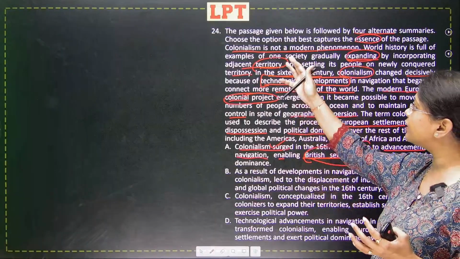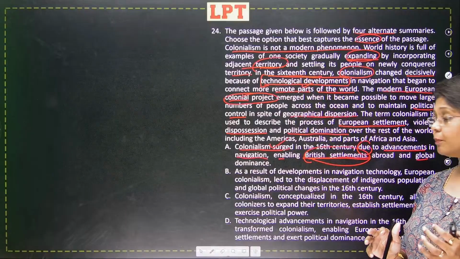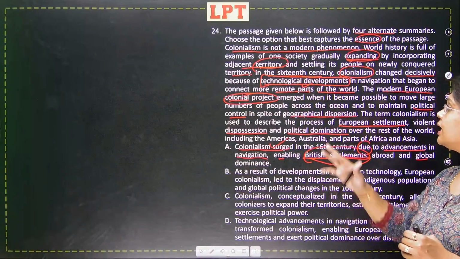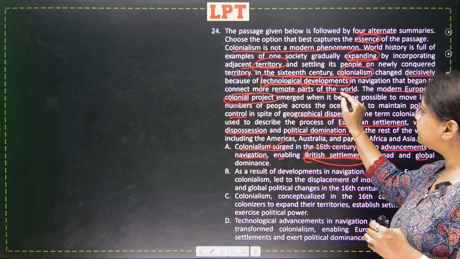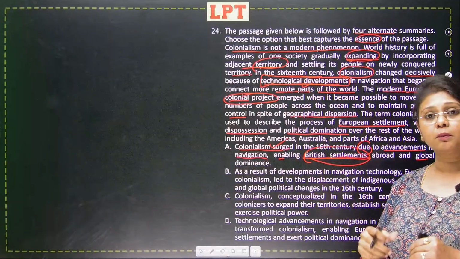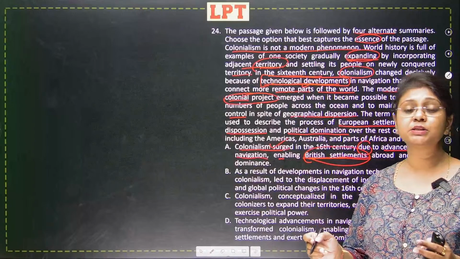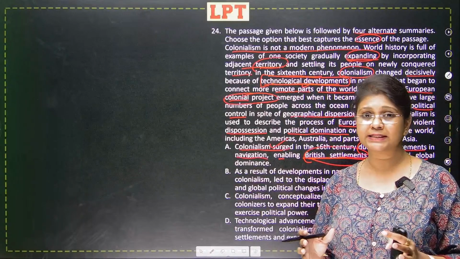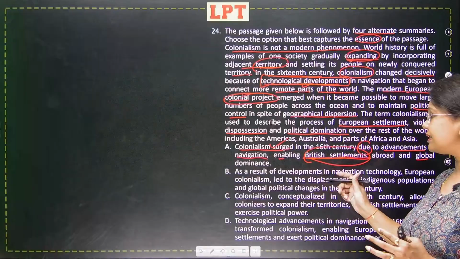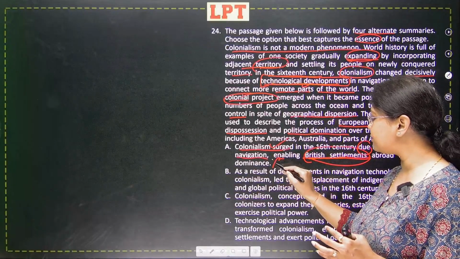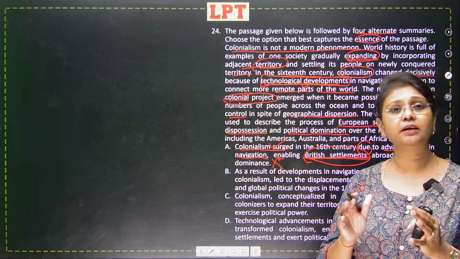One was of course that it is not a modern phenomenon, and then the technological developments, which was important to be incorporated into our summary, right? And then it mentions British settlements, whereas we are talking about European settlements here. So on the basis of this information, I believe that this can be easily eliminated. This is not the right choice.